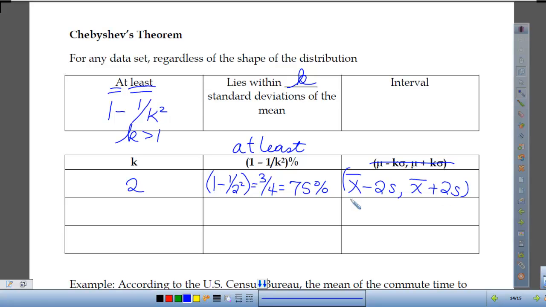We'll have at least 75% of our data in that range. If we're talking about within 3 standard deviations, that's 1 minus 1 over 3 squared, which comes up to 8/9, because I've done this for many years now, I remember. So at least 89% of our data will fall within 3 standard deviations of the mean.